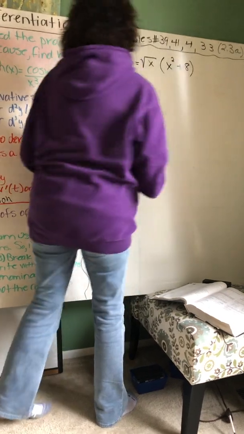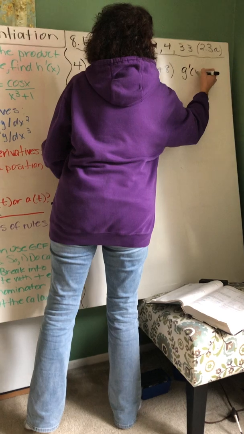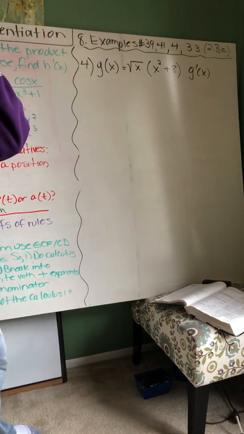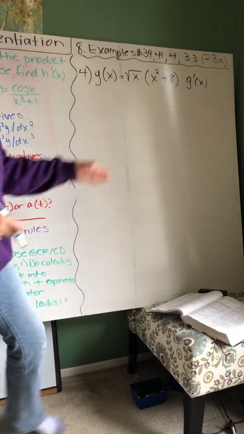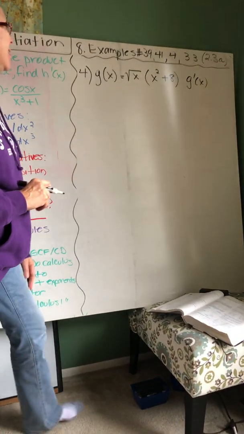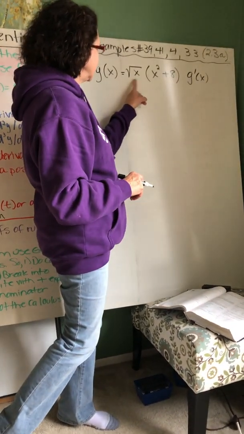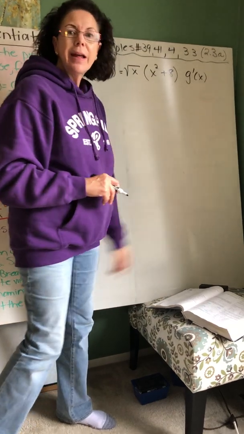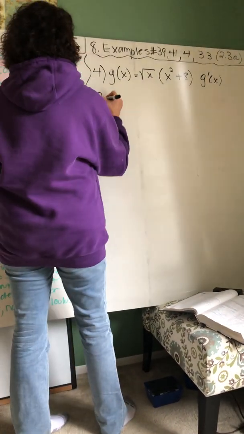Now they want you to find the derivative here using the product rule. I just want you to know I wouldn't use the product rule. You can. Here's your f, here's your g. You can run through the product rule. To me, this is so easy to simply distribute the square root of x here and here that I think I'd rather do that and use the power rule. Okay, so let's go ahead and do that.